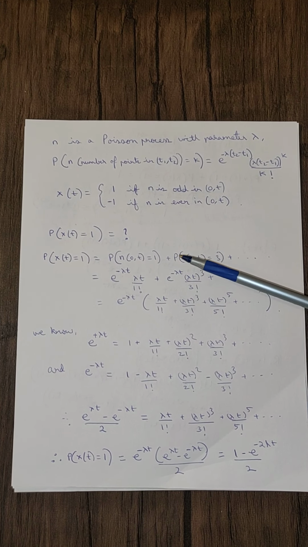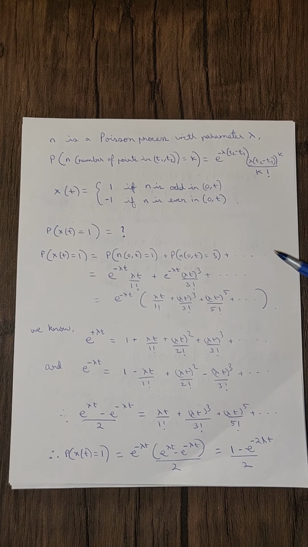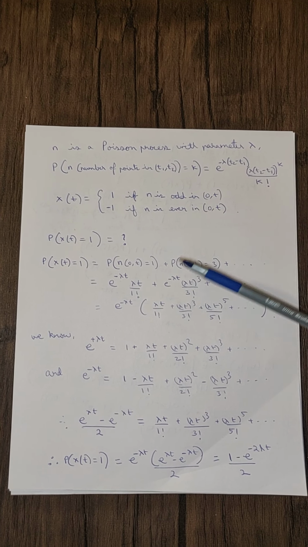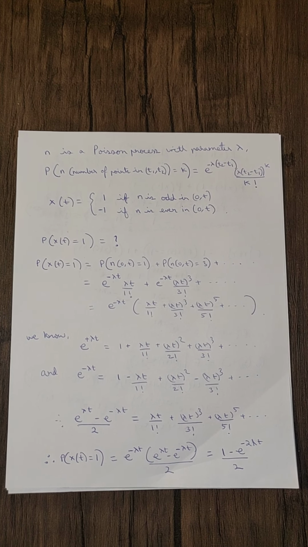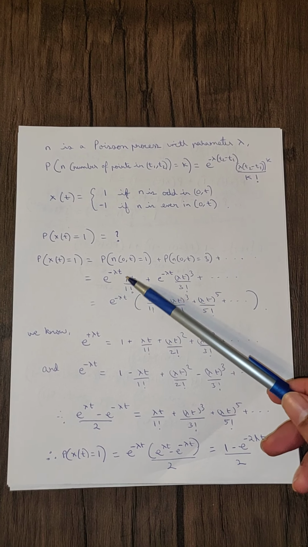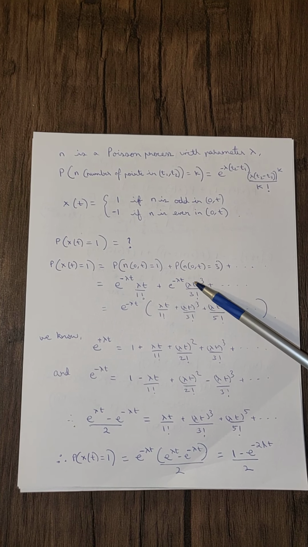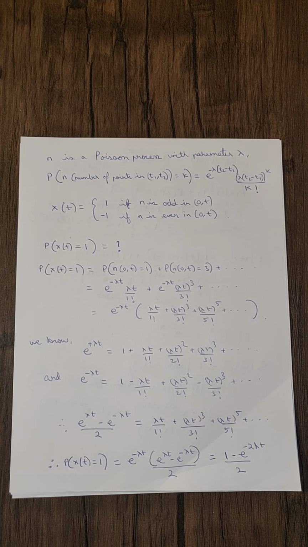Substituting k equal to 1, k equal to 3 and so on in the given formula, here t1 and t2 are 0 to t, therefore t1 is 0 and t2 equal to t. Substituting them, we get e^(-lambda t) times (lambda t)/1! plus e^(-lambda t) times (lambda t)^3/3! plus so on up to infinity.